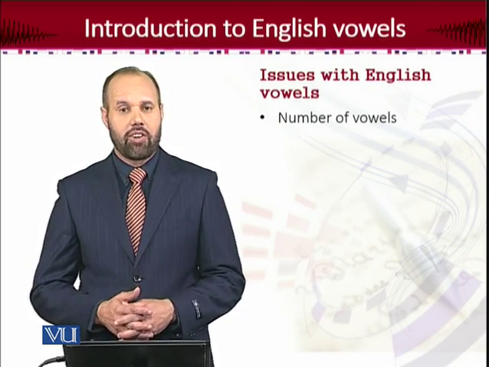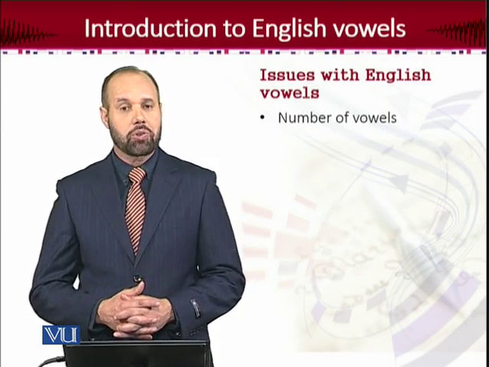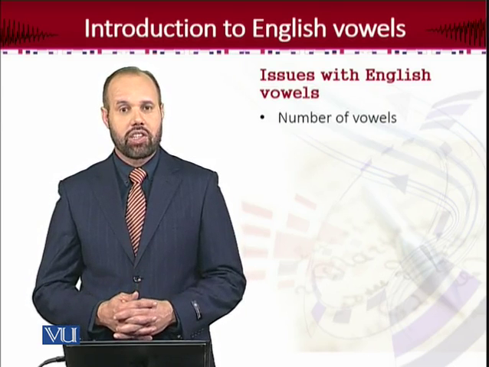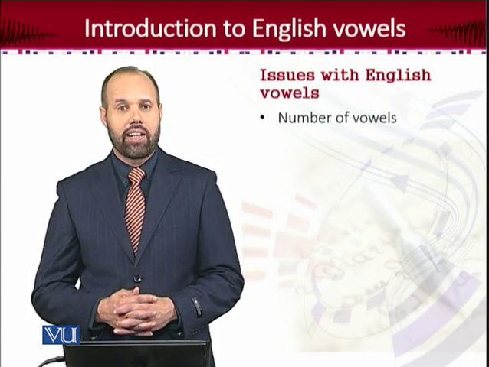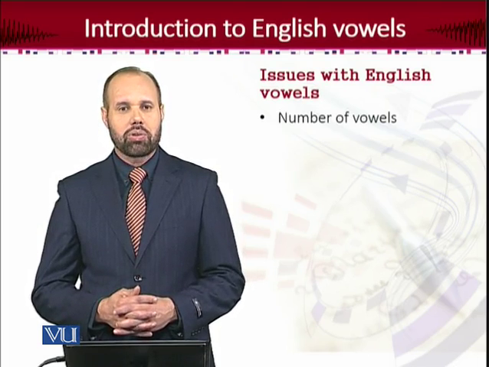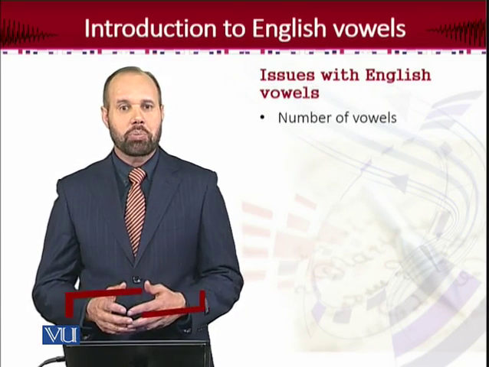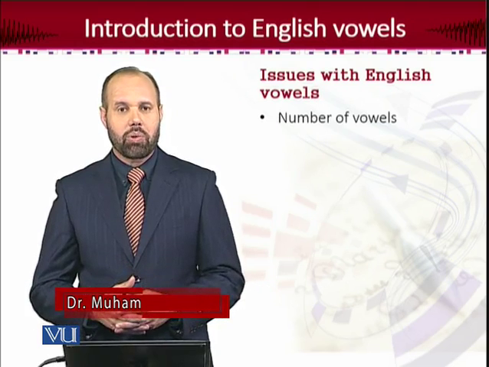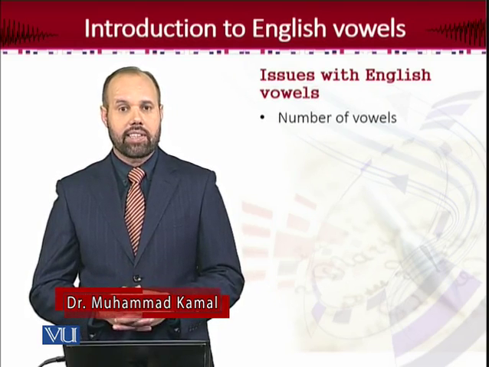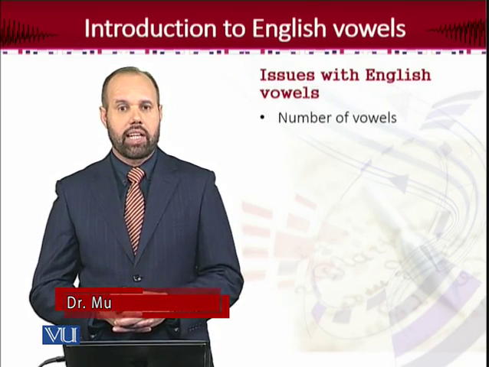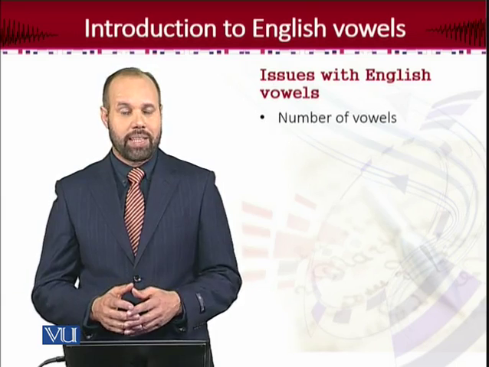Maybe more than 20 or less than 20. And how about Australian English or Canadian English or the English spoken in New Zealand? And how about those other varieties of non-native speakers of English? So that's a question. We cannot exactly say what variety has what number of English vowels and how the difference is maintained.